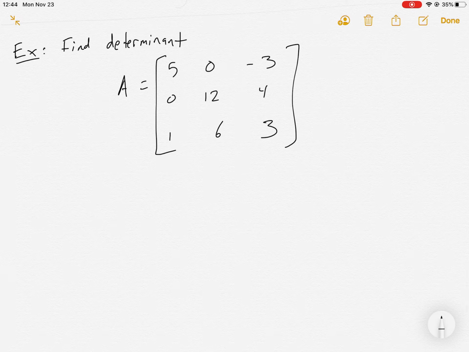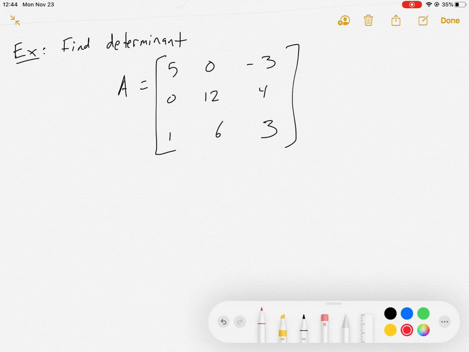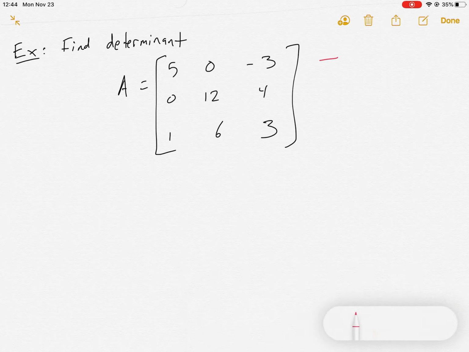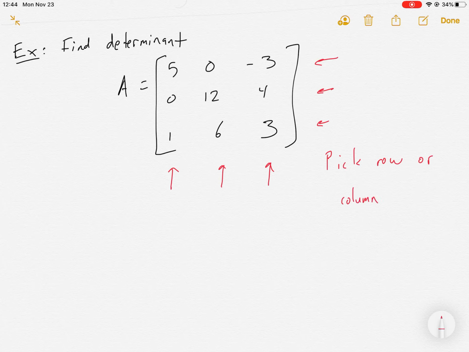Okay, so here's what this formula is really telling me. I can either choose any row I want or any column I want. And so once you pick one, usually I like to pick one with zeros in it. It just makes things a little bit easier. But you're going to pick any row or column. So let's just choose row 1.